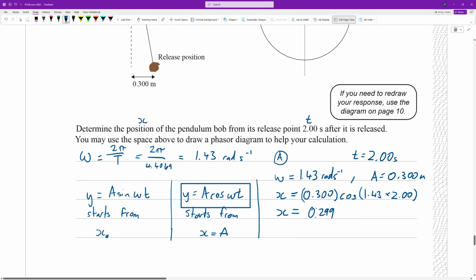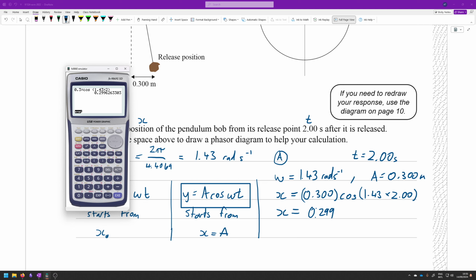0.299. All right, and shall we try radians? Oh, radians. Exit out of that. 0.3 times cos of 1.43 times 2, close bracket, negative 0.288.